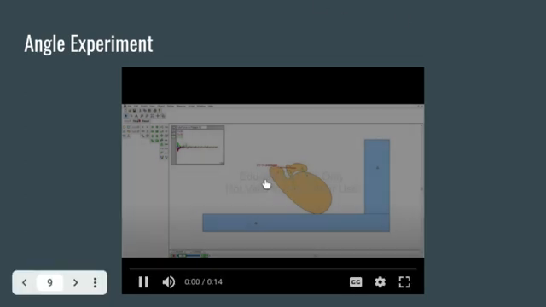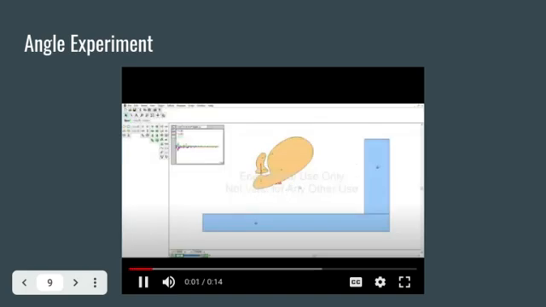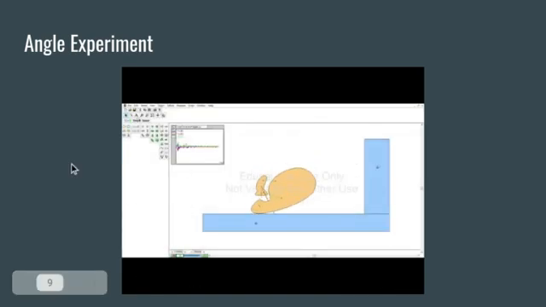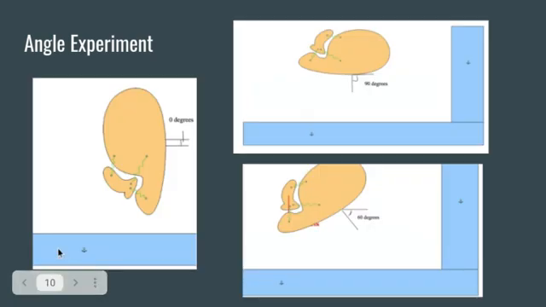The first experiment I did was the angle experiment. Here is a video of the angle Model 1 experiment at 60 degrees. For this experiment, the independent variable was the angle that the model was rotated to.